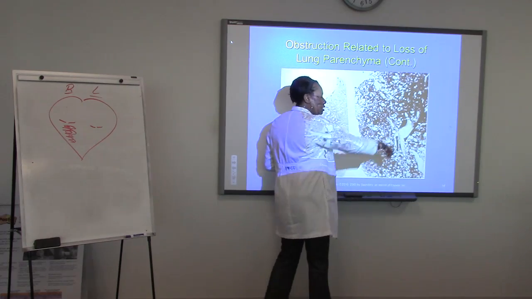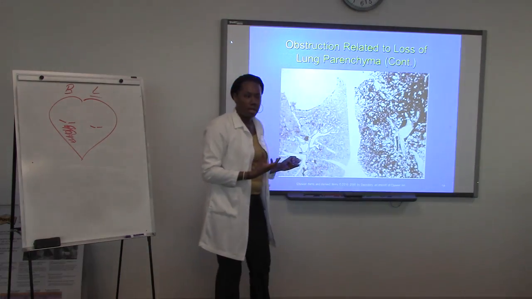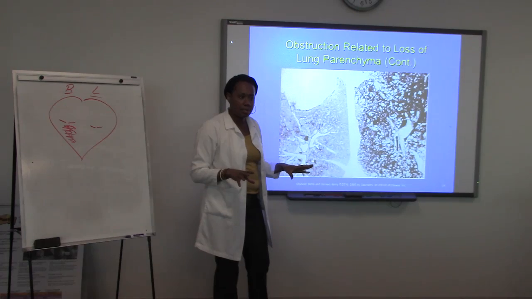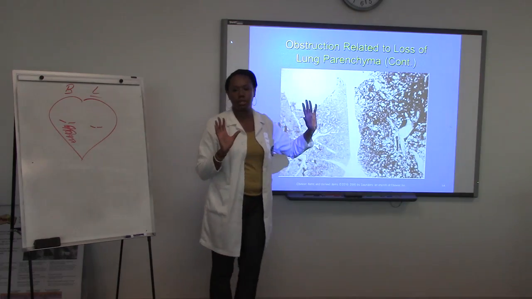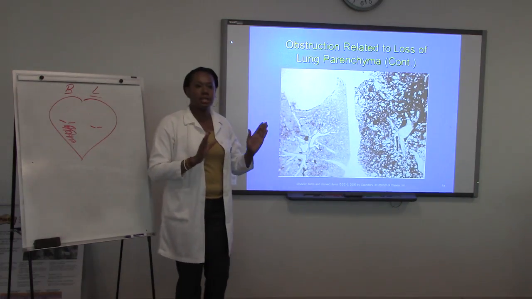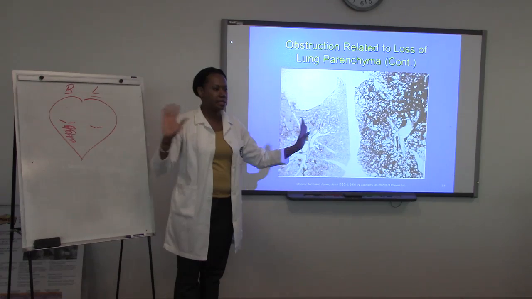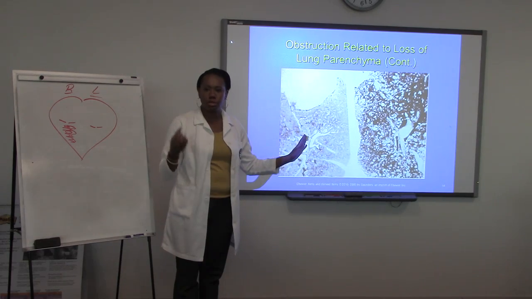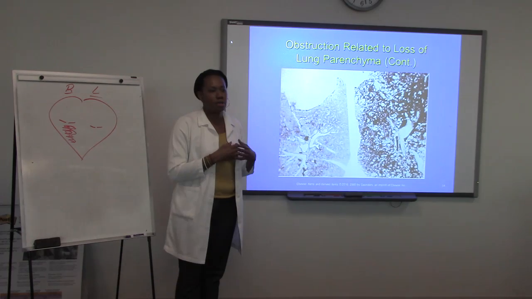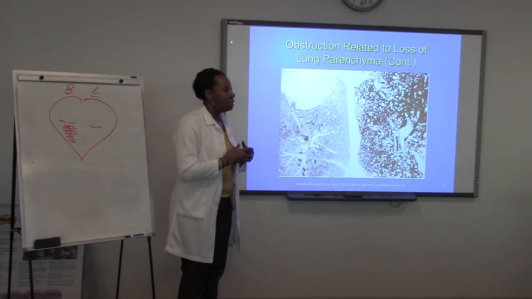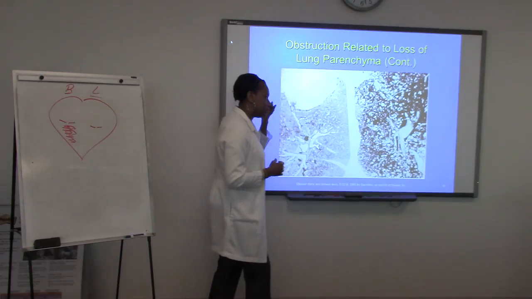So just imagine this person's entire lung having all those alveoli collapse. That person is really compromised in breathing. So that's the main issue with emphysema, is that once the alveoli collapse, that's it. There's no surgery, there's no medication, there's nothing you can do to bring the alveoli back, okay? So that's why emphysema is really bad.